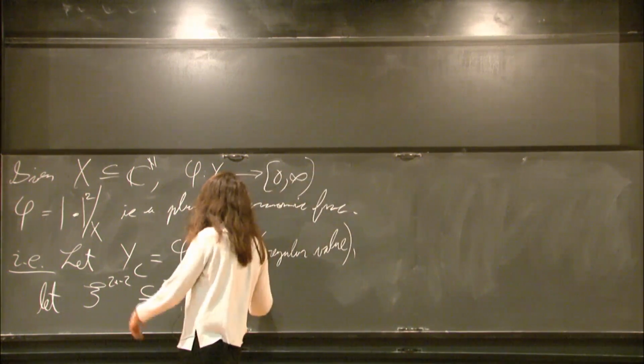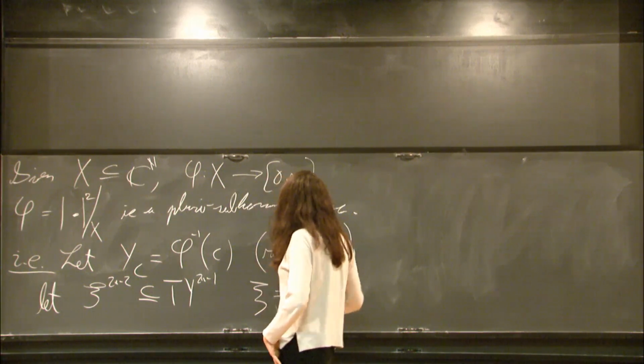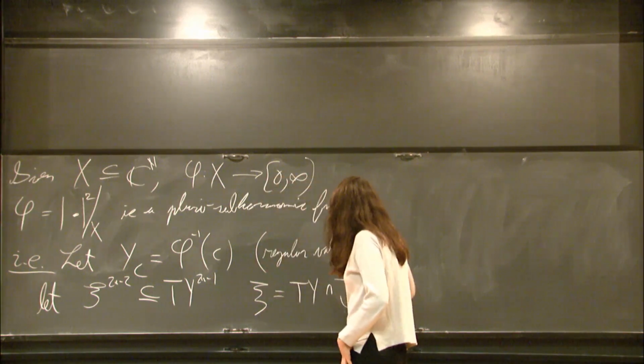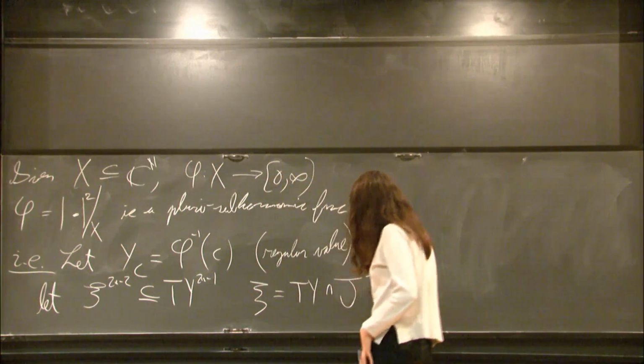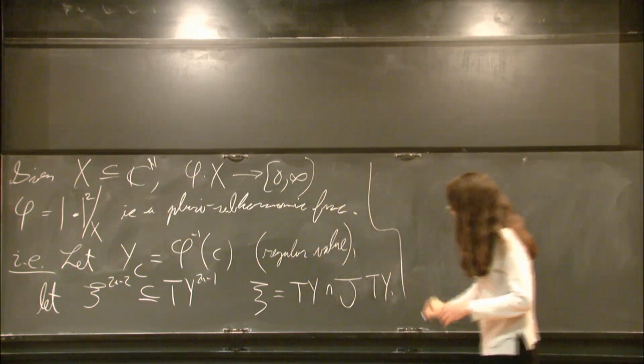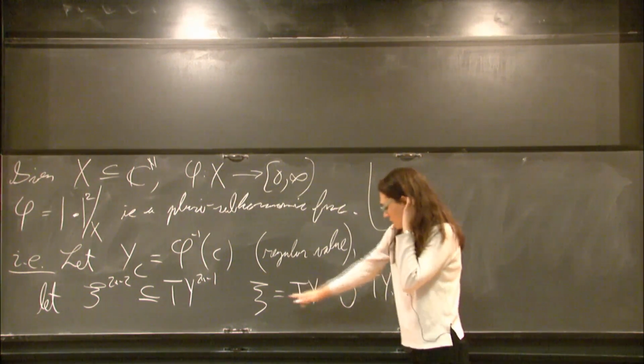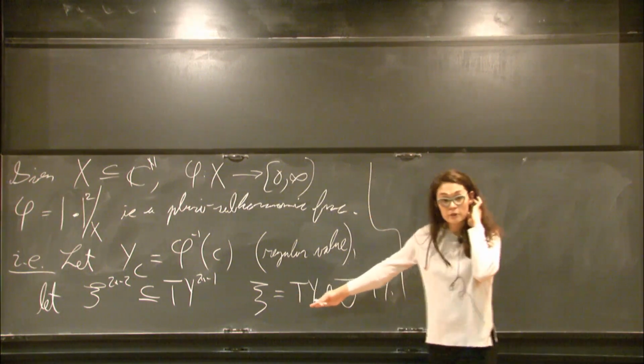So this xi is just TY intersected with J times TY. Here J is just complex multiplication. So this is everywhere a hyperplane, right?